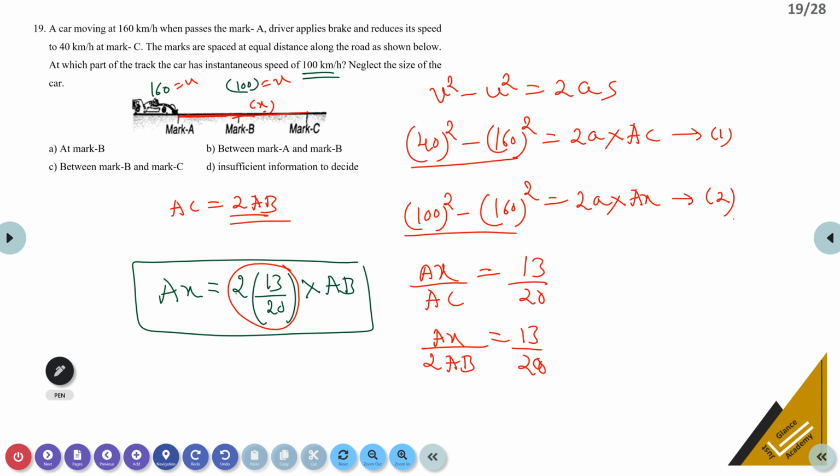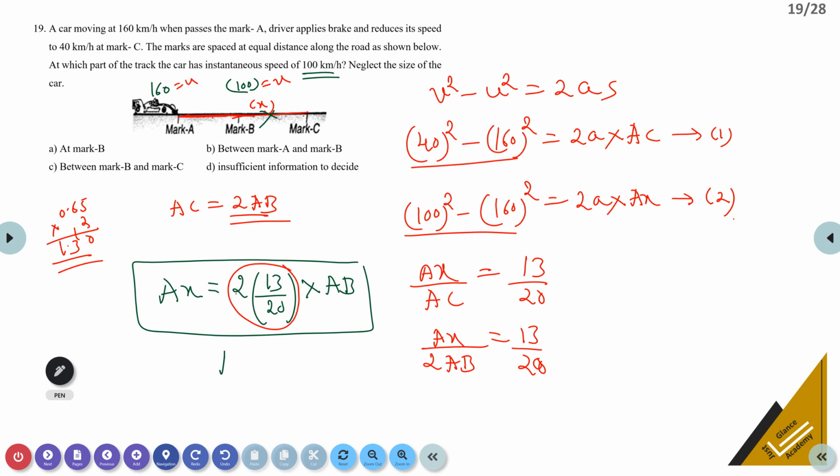What is 13 by 20? You calculate. Around 0.65. 0.65 into 2, it becomes 1.3. That means 1.3 is more than 1. More than 1 means it should come between B and C only. It is B and C only.